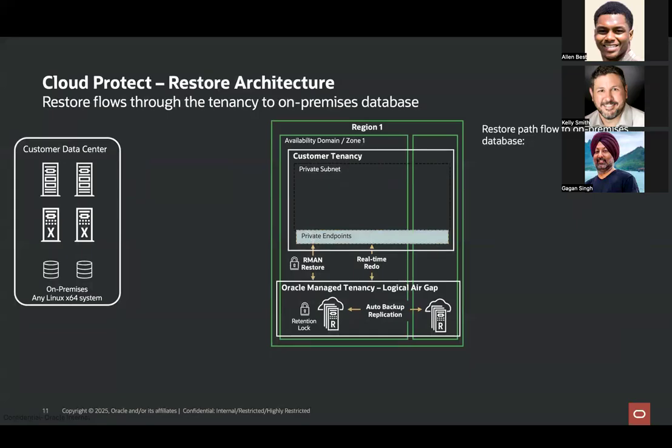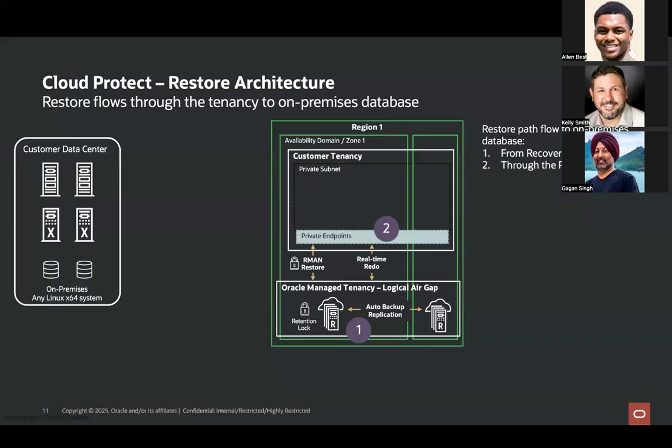And then for the restore process, it is also very similar and it has a very similar path. The restore starts instead, obviously, from the recovery service infrastructure, and that is, like we said, in an Oracle managed tenancy.